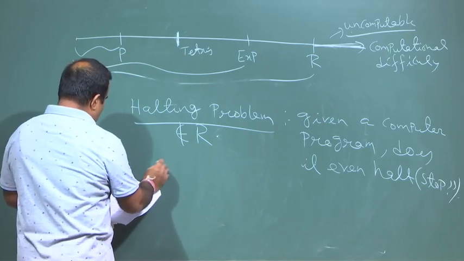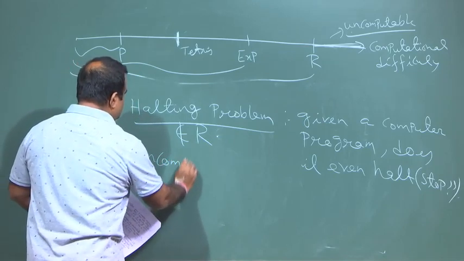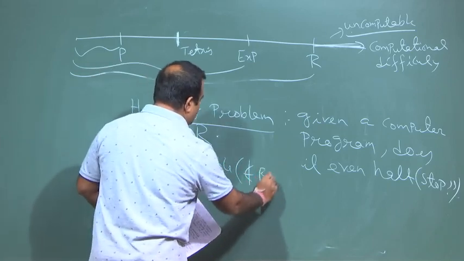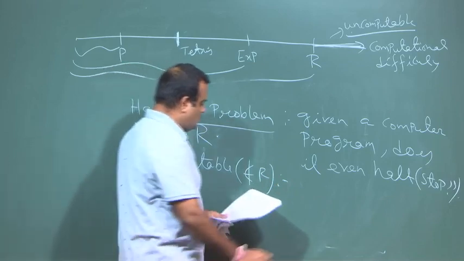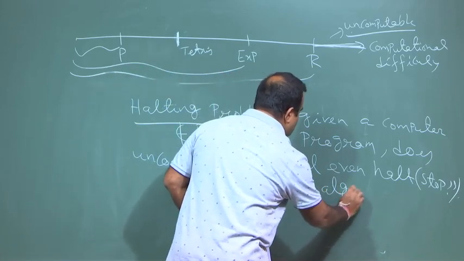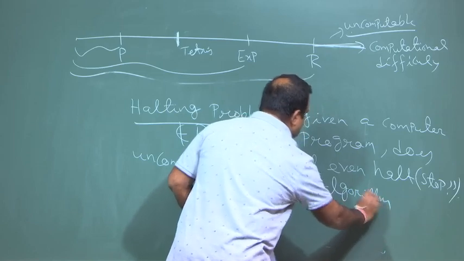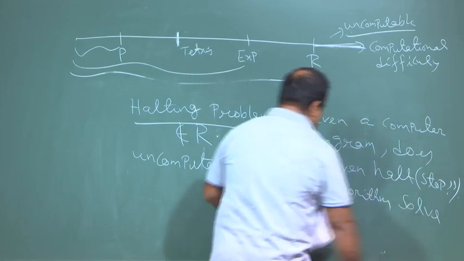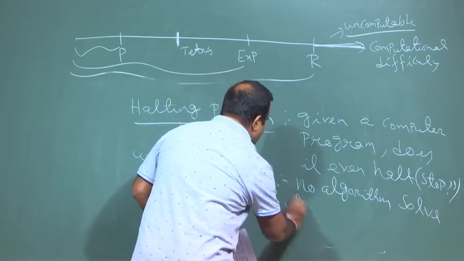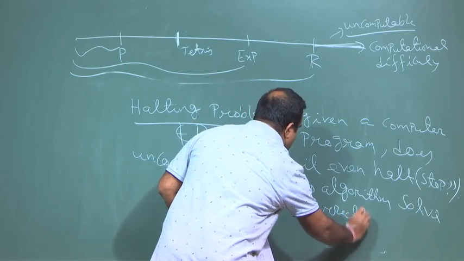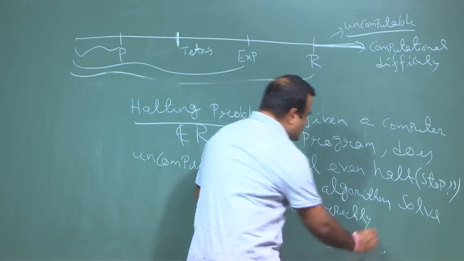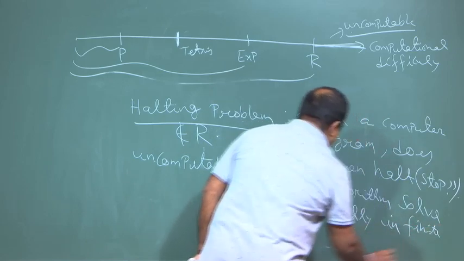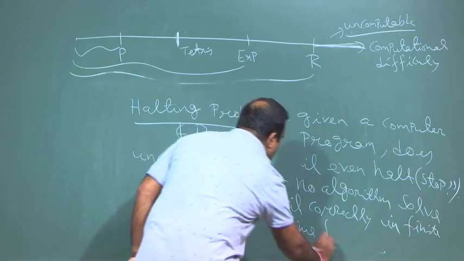So this is basically uncomputable, because this is not in R. That means there is no algorithm that solves it correctly in finite time for any input.